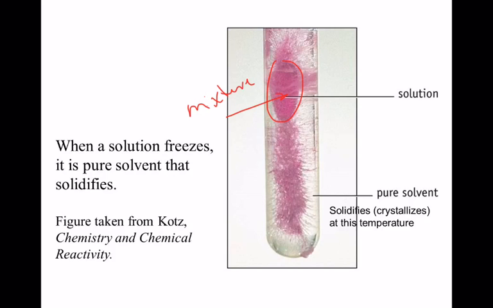So basically think of the solute as running interference to the crystallization process. The point here is this whole test tube sees the same temperature. This temperature is the same as this temperature. But here it's a solid, and here it's a liquid.